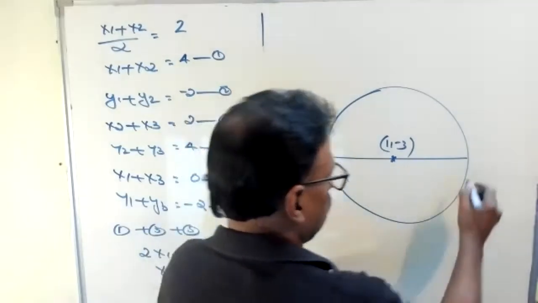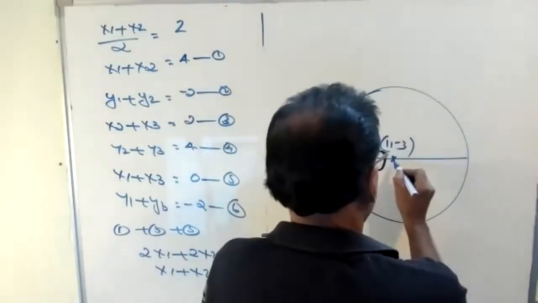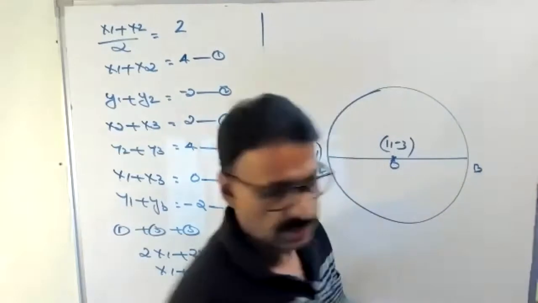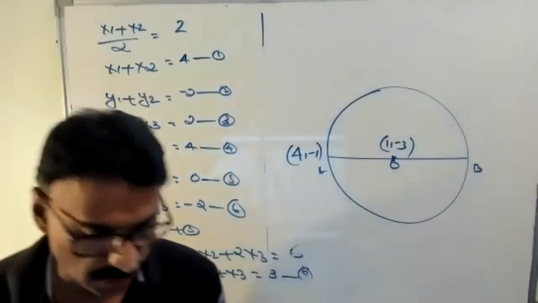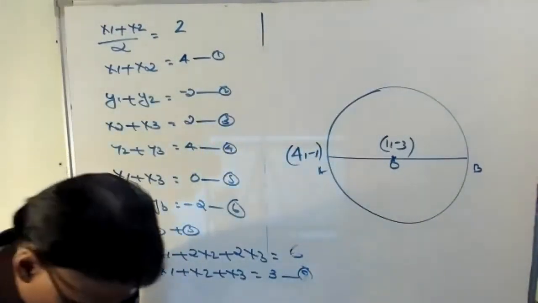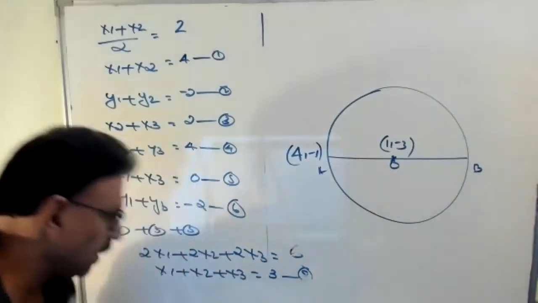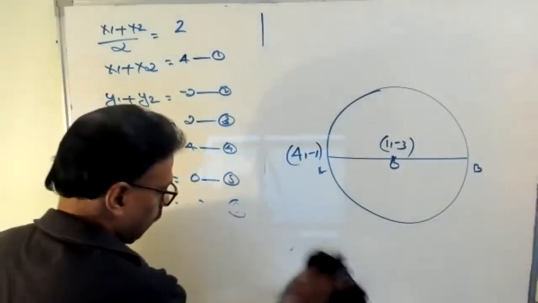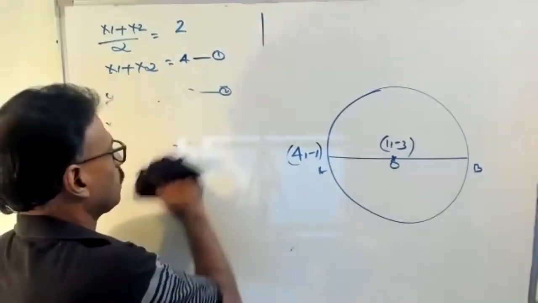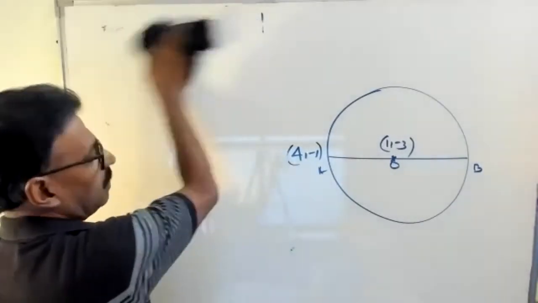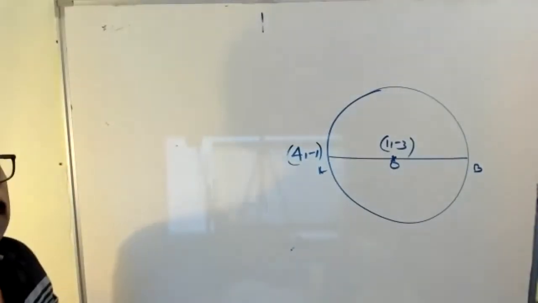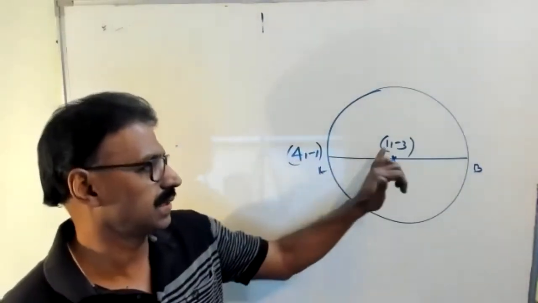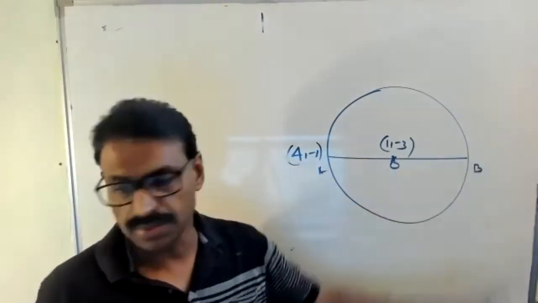Find the coordinates of the other end. Here one end is (4, -1), center is (1, -3), find B.